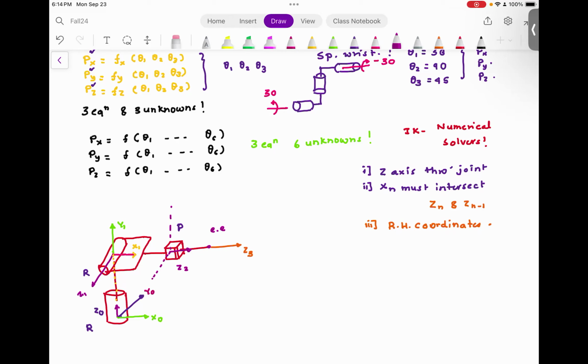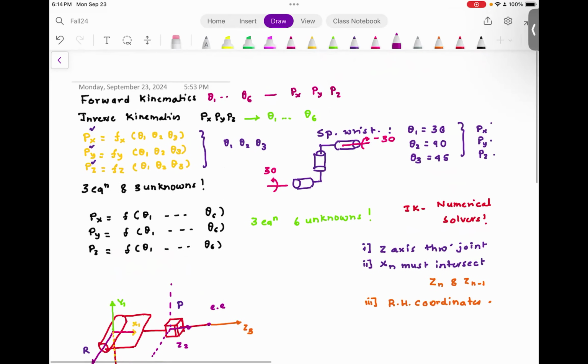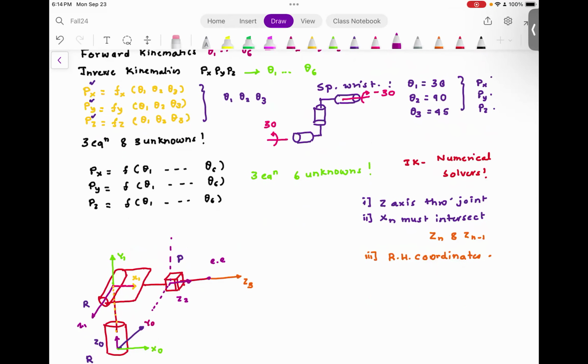Everyone understood this? So this is an exception to the rule. When I have an exception to the rule, I'm going to assume X2 to be like this. If my X2 is like this, then my Y2 will be like this.